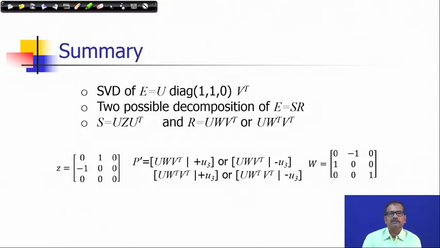Use the singular value decomposition matrices U and V, and there are 2 special matrices Z and W, shown here in this form. Then the expressions of S and R are given as you can see, and from there you can compute P prime. Note here that U3 is the third column of the matrix U of the singular value decomposition, which means this is the column vector corresponding to singular value 0.